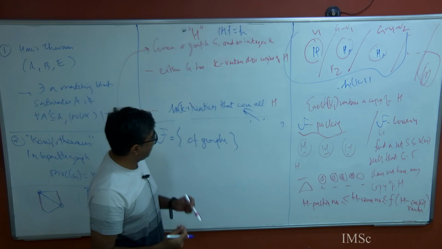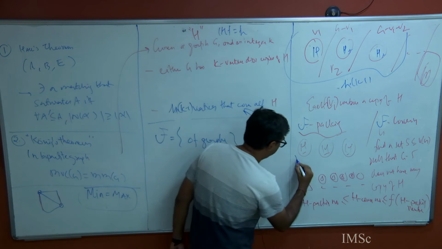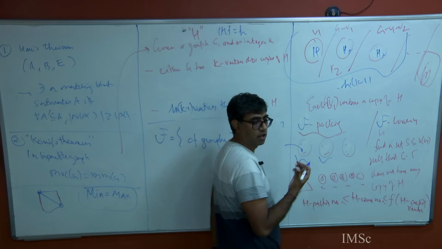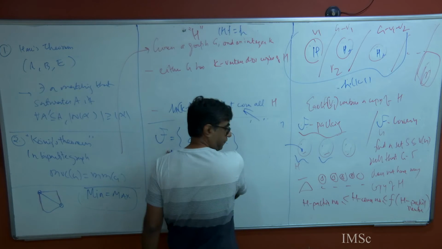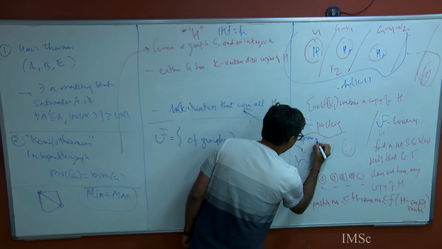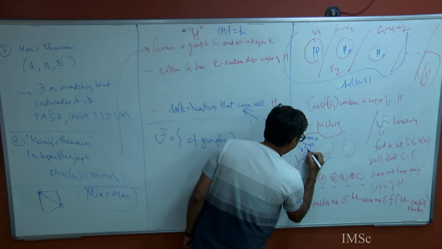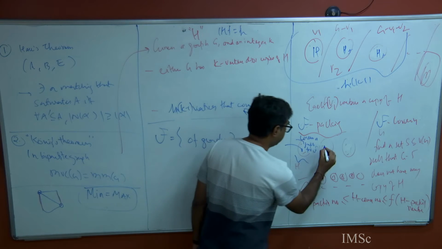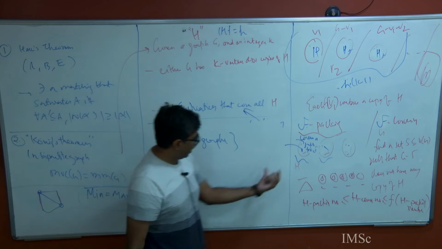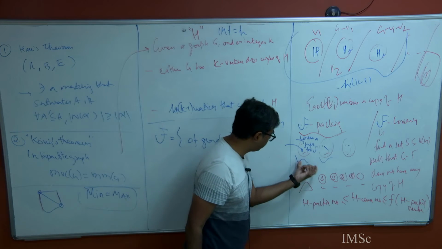So what does F packing mean? I want to find disjoint parts such that each of them contains a graph from curly F. Because now there are many graphs, you have to come up with this partitioning.